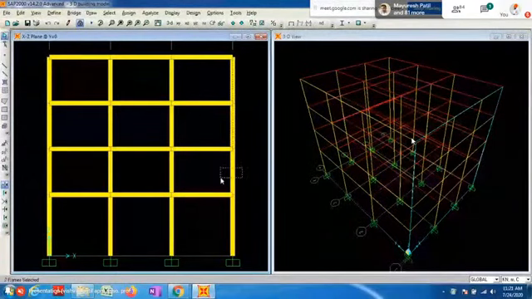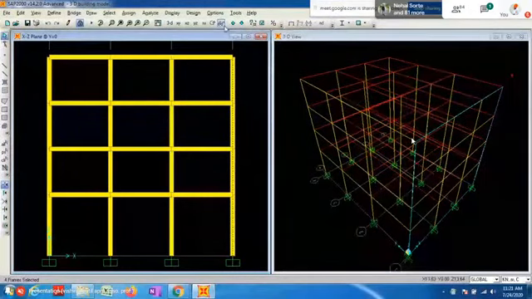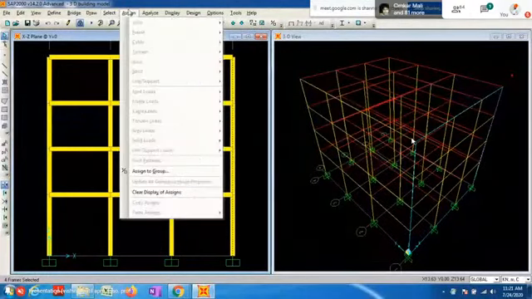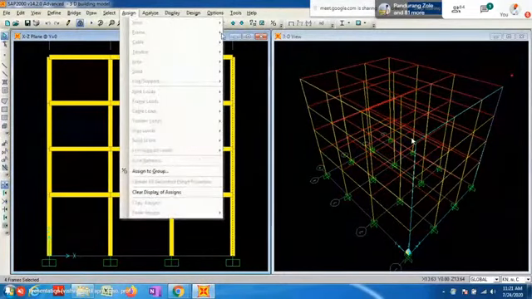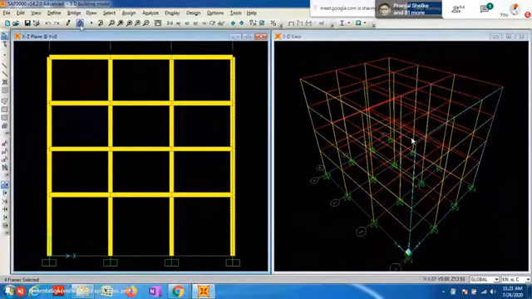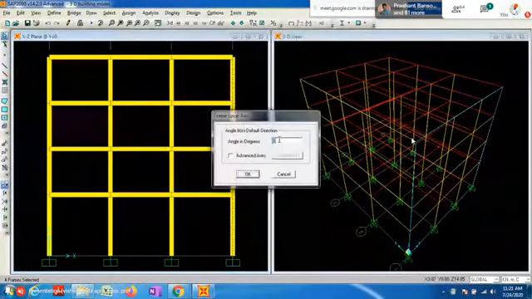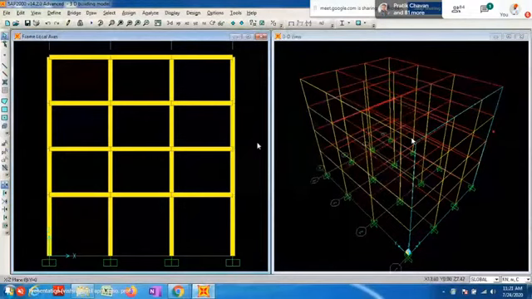Then go here, Assign, Frame, Local Axis, and write here the angle a. Now it is 0 degree. Now we are turning it to 90 degree. Okay, now it is turned to 90 degree.